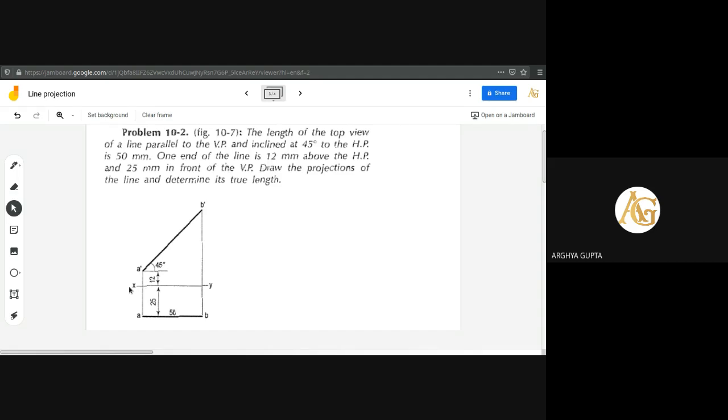So firstly we need to draw the XY line obviously. Then as it is said that one end of the line is 12 mm above, we need to take a point, let us say A dash, 12 mm above the XY line, and A 25 mm in front of VP. That means A dash has been found 12 mm above, so A will be found 25 mm below, isn't it?